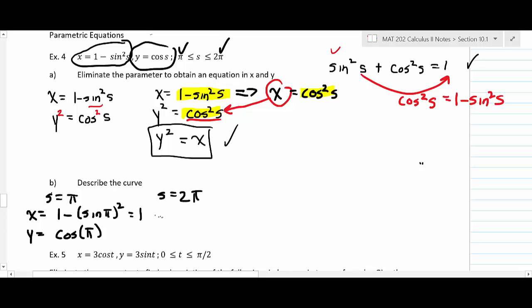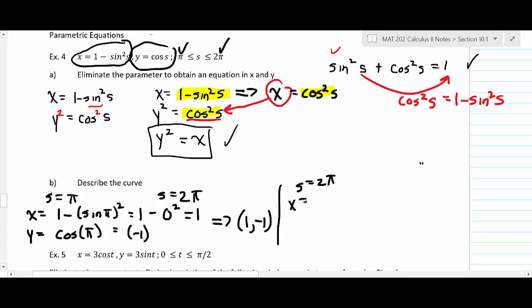So this is going to be 1 minus, the sine of pi is 0, so 0 squared, so that's 1. Cosine of pi is negative 1, so that gives you your first point, which is 1, negative 1. Then go ahead and do s equals 2 pi. We do the same thing.